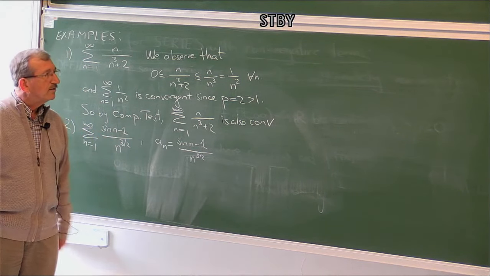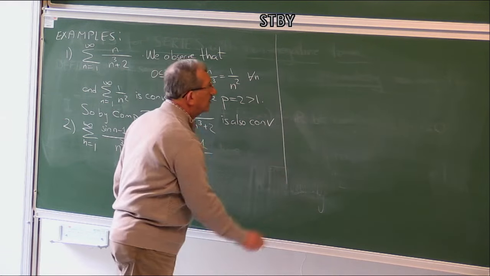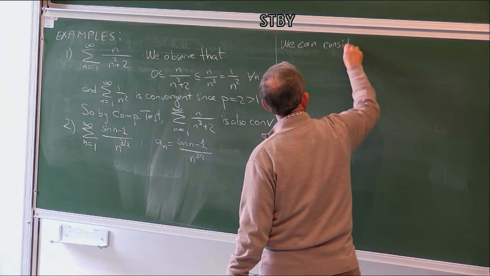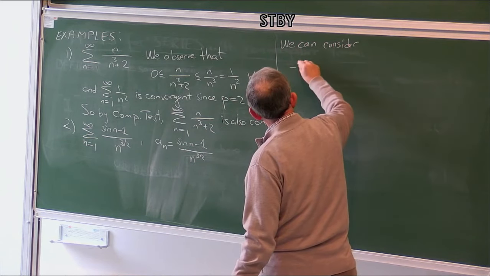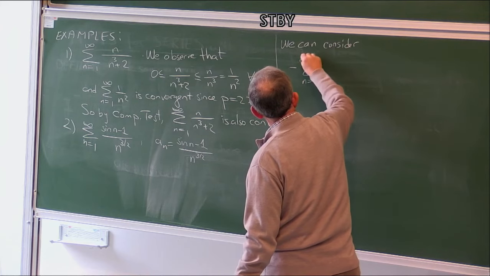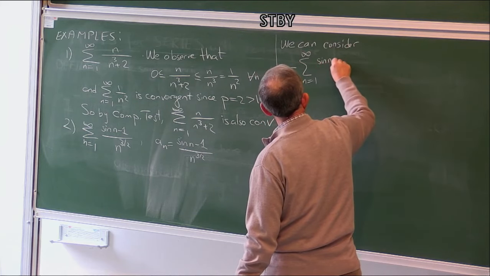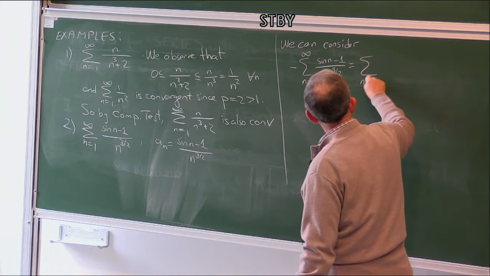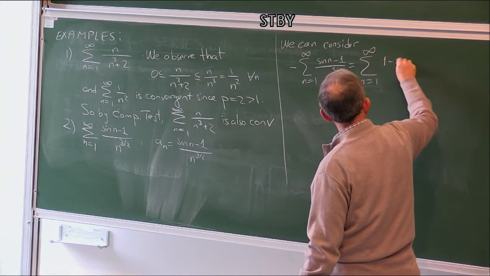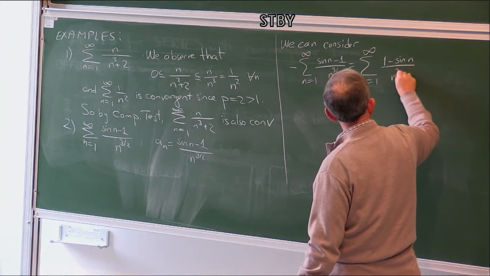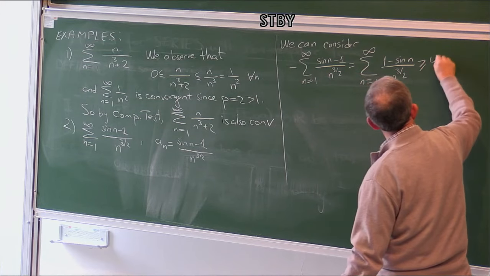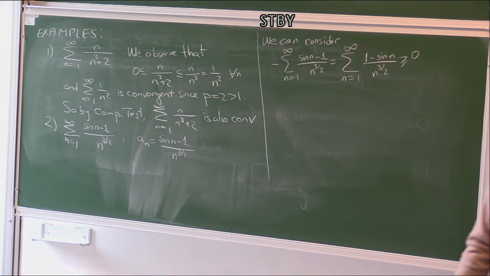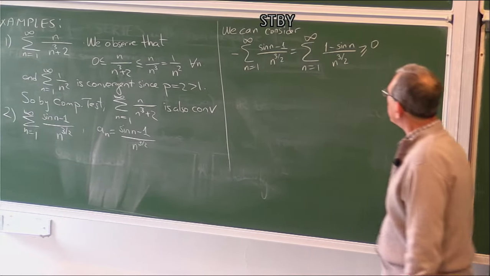So we can consider instead the negative of the series, which is in fact 1 minus sine n over n to the 3/2, and this is always a non-negative number. Actually, it's always strictly positive.